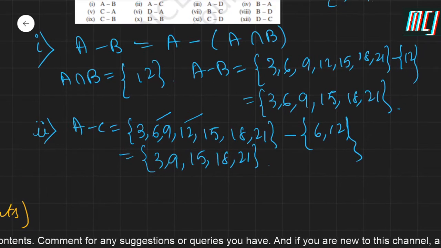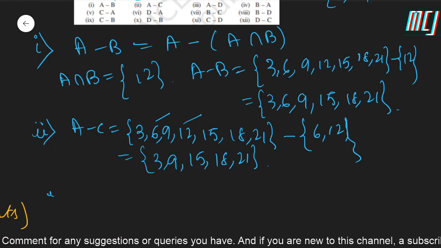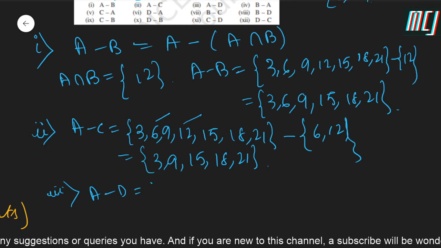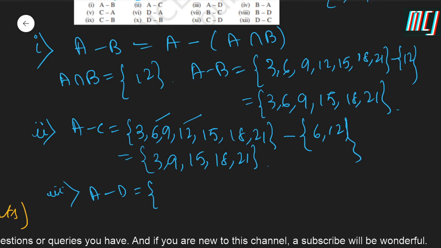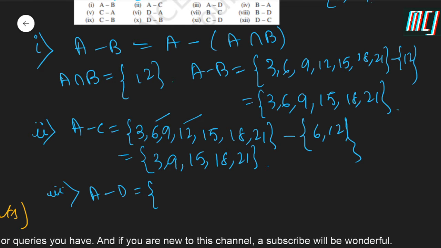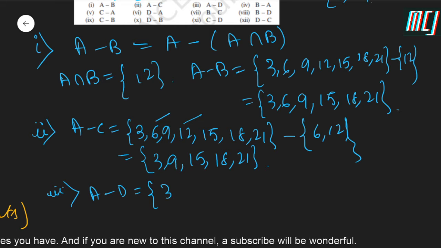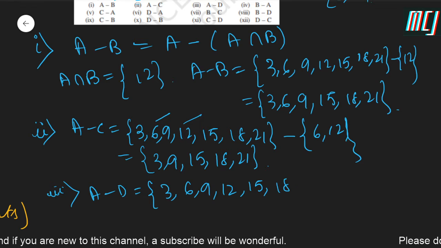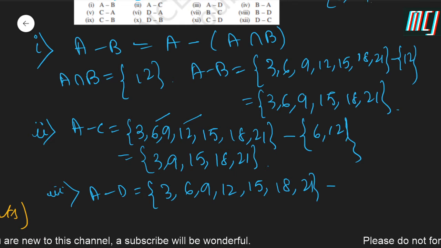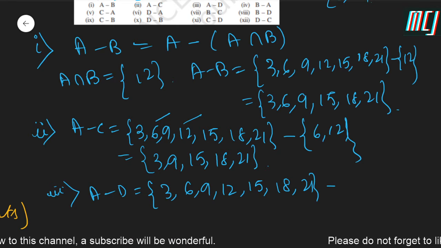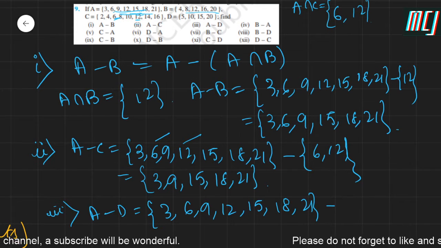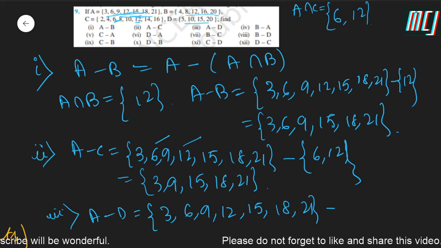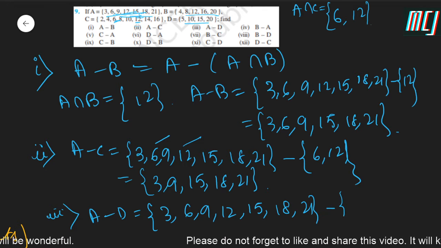Similarly we can find for the third one as well. For the third one, A minus D. From A we need to subtract, A set is 3, 6, 9, 12, 15, 18 and 21 minus A intersection D. So here A intersection D is only 15, that is the common term.